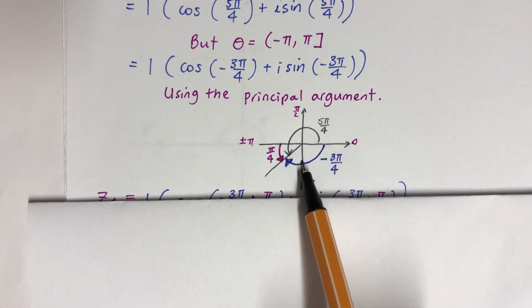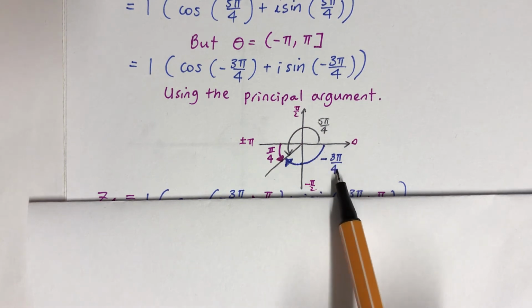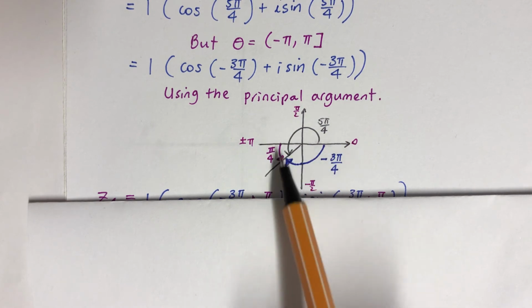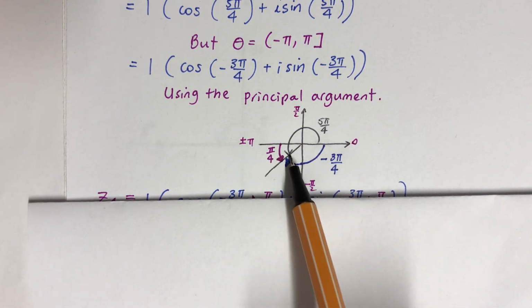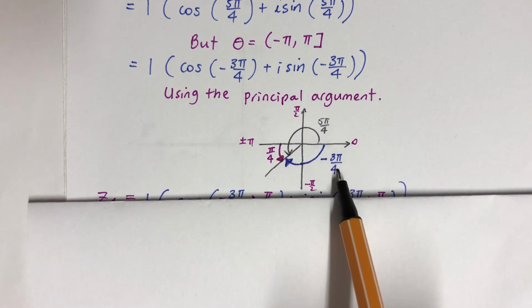So it's 0, pi over 2, plus or minus pi, and down here minus pi over 2. To make it pi, going in the opposite direction, it'll be minus 3 pi over 4. Always remember, the direction will change to opposite, so make sure you put minus 3 pi over 4.